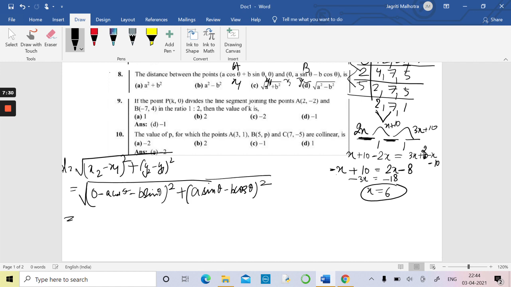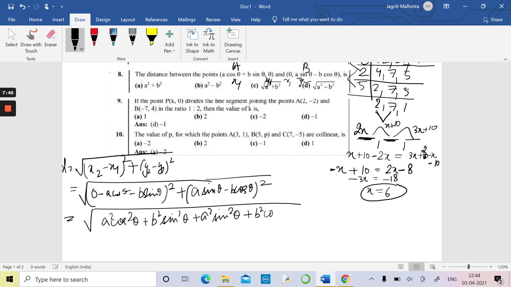This means this square. Squaring, we get A square cos square theta plus B square sin square theta plus A square sin square theta plus B square cos square theta, and this one is plus 2AB sin theta cos theta, right? And this one is minus 2AB sin theta cos theta.